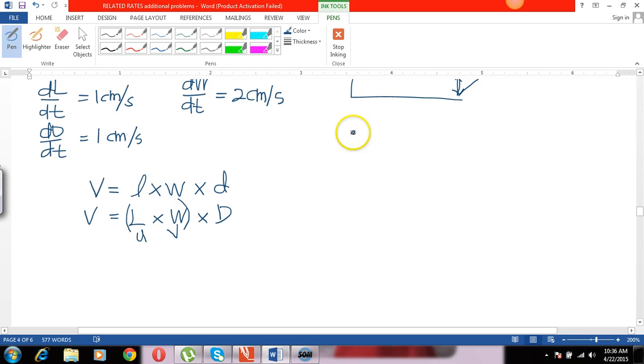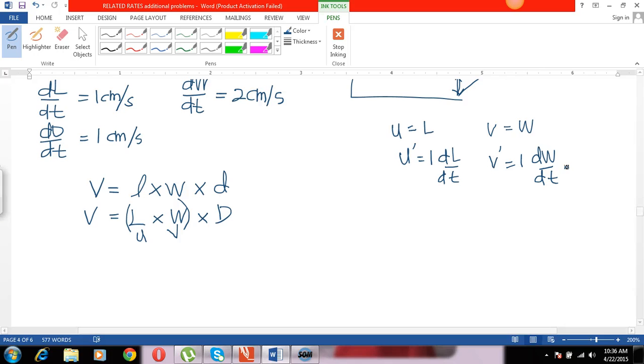So for the u times v formula, for example, you have u equal to L and u prime equal to 1 dL over dt. Then we have v equal to W and v prime equal to 1 dW over dt. Okay, we have u and u prime, v and v prime here, right?